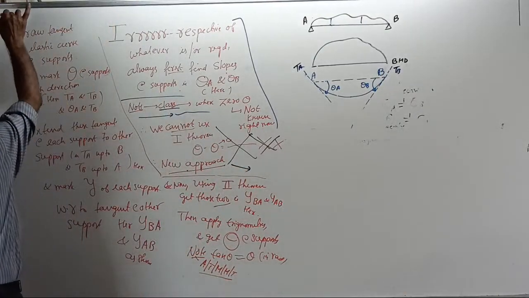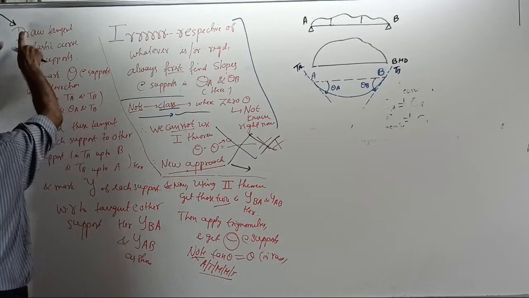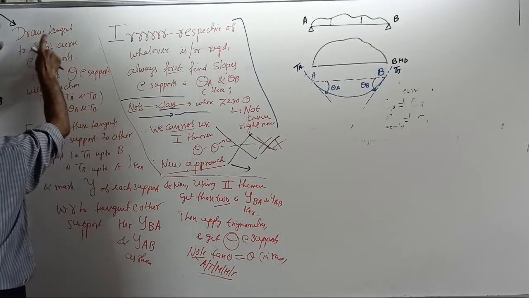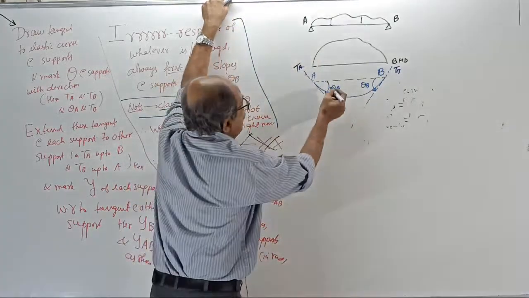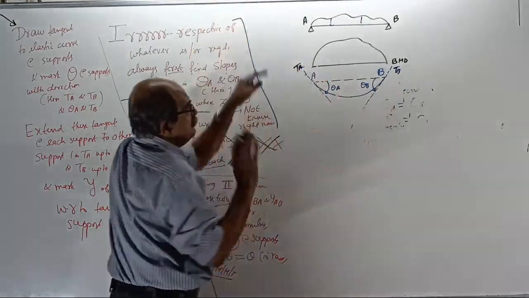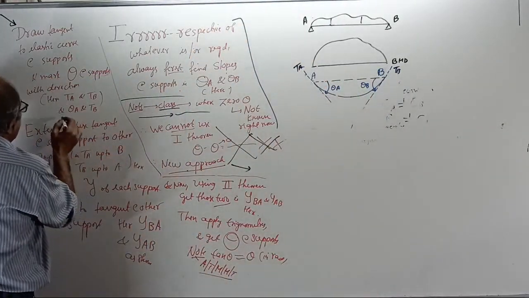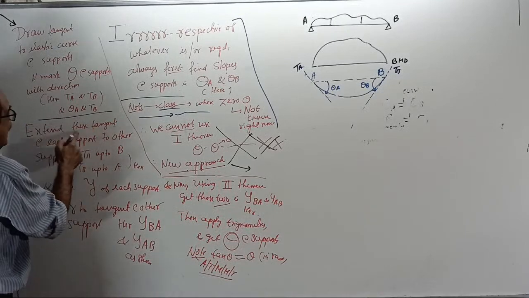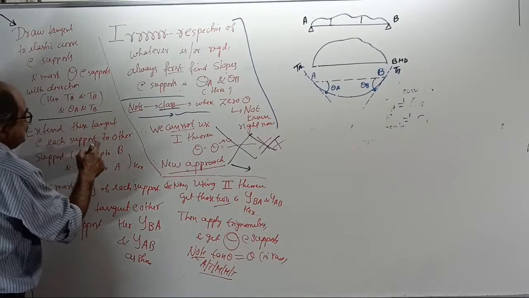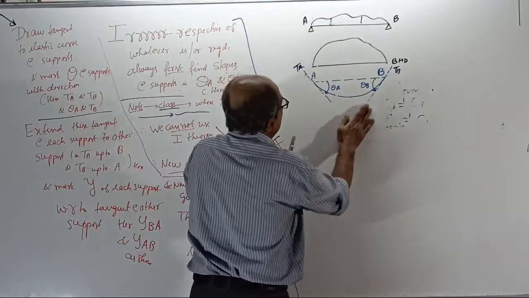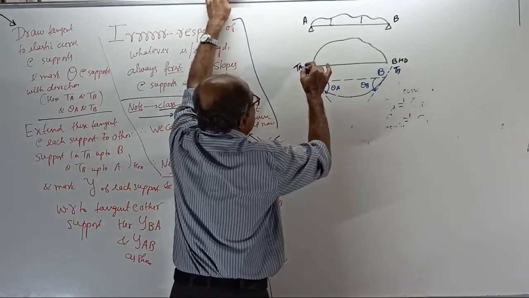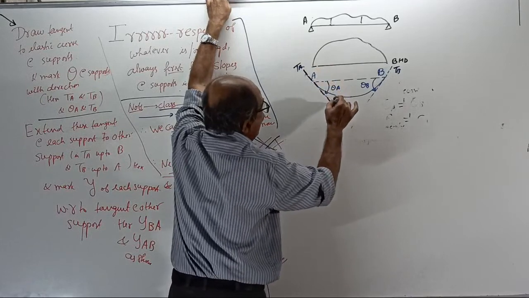Start here. Now, first step, as I already told, draw tangent at both supports, TA, TB, and mark the slopes at the supports with the direction. Okay, then, already I told you, extend these tangents at each support to the other support. That is, see now, extend the tangent at A till the other support.